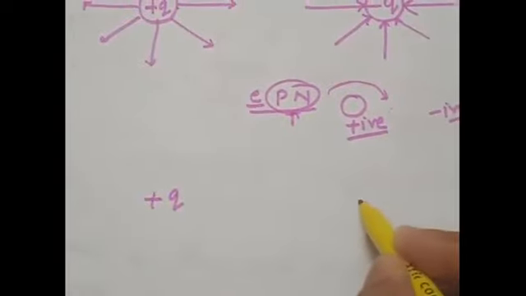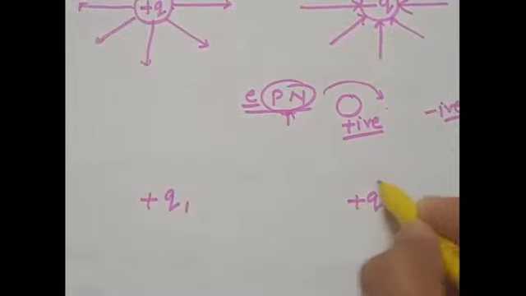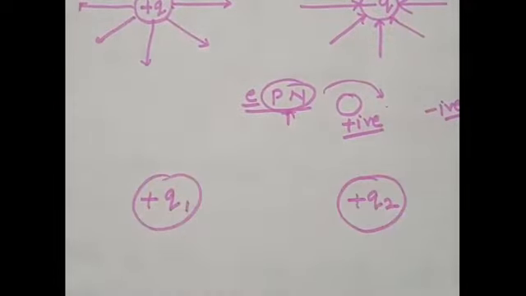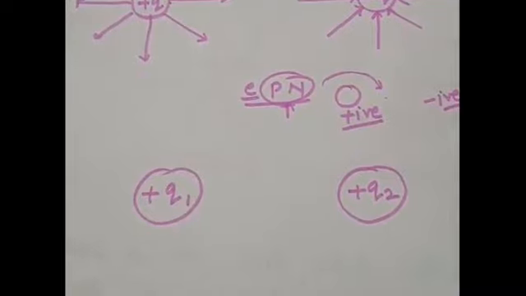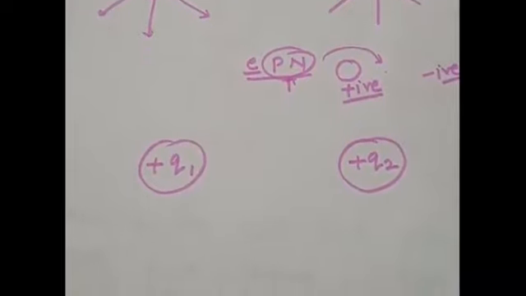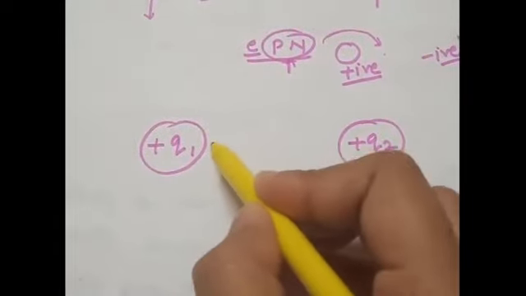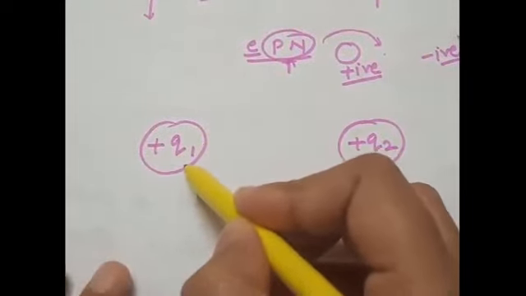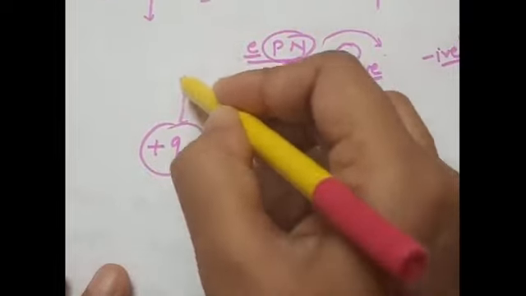When we talk about the interaction between two kinds of charges, first let's say we have plus Q1 and plus Q2. So both are positively charged particles, and positively charged particles always repel each other. So what will happen? As this is a positively charged particle, the electric field lines will go out of it.